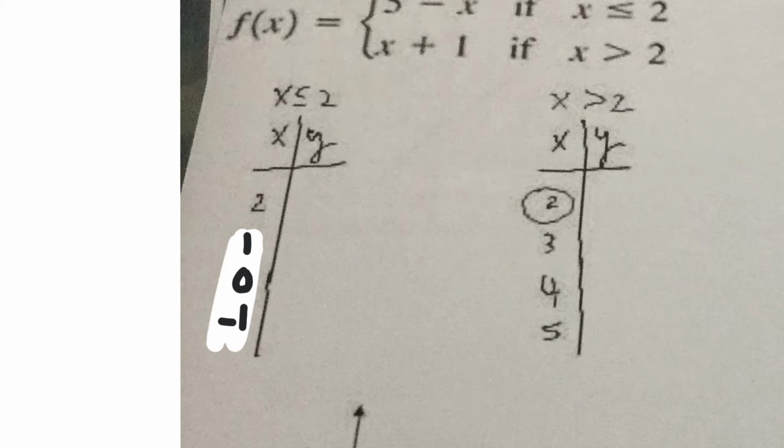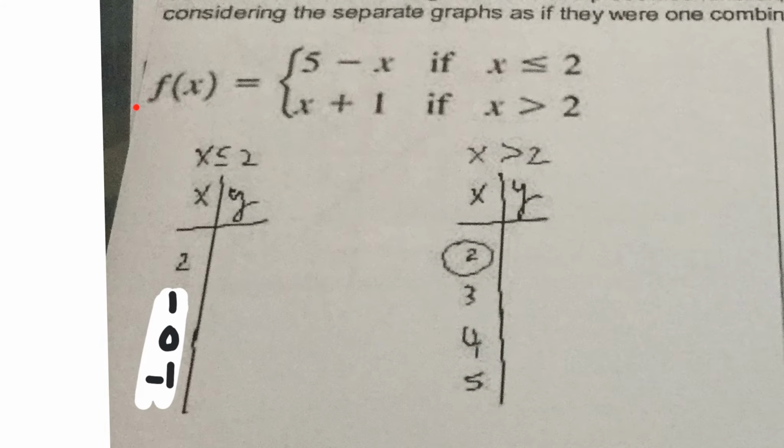Looking for x values that are less than or equal to 2. So we found some x values, 2, 1, 0, and negative 1. Now what if I plugged in 2 to the function? Well, again, that would go in up here. So if I'm plugging in 2, what would the y value be? It would be 5 minus that 2, which gives 3.